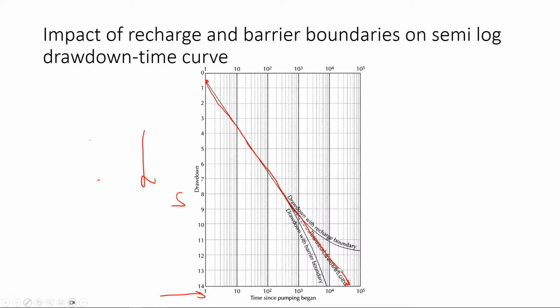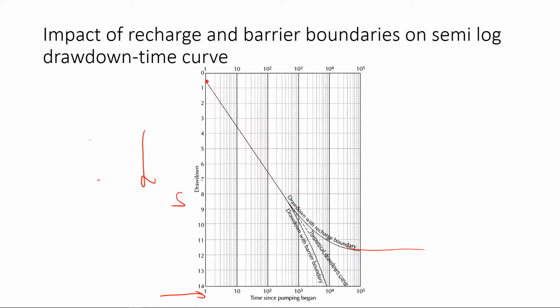Now here, if I have a recharge boundary, then my drawdown will reach a plateau, because after some time the boundary effect starts to appear, and then I start to get recharge from this boundary, and then I might reach a plateau like this.